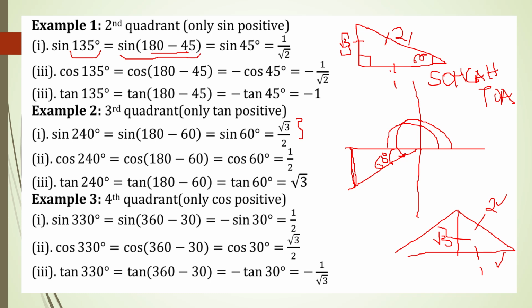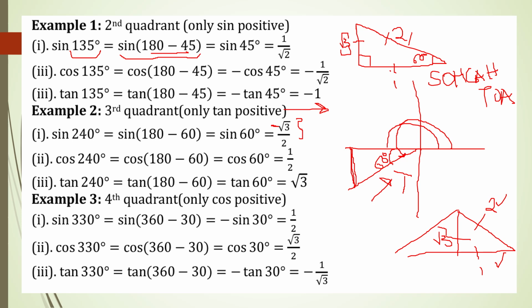But remember that our sketch is ending in the third quadrant, and in this third quadrant, it's only tan which is positive. That's why I made a note in this bracket that only tan is positive in this region. So for this answer to be valid, we had to put a negative on it, simply because other ratios within the third quadrant must be negative. It's only tan which must give us a positive answer.